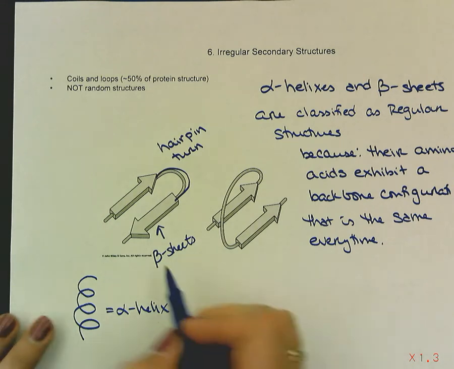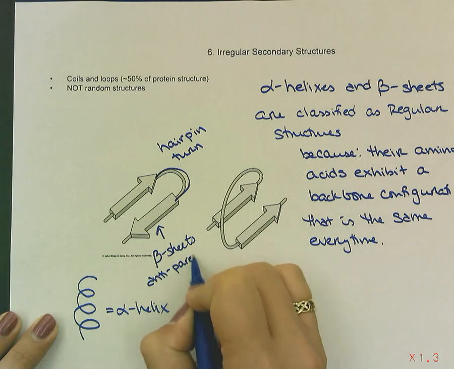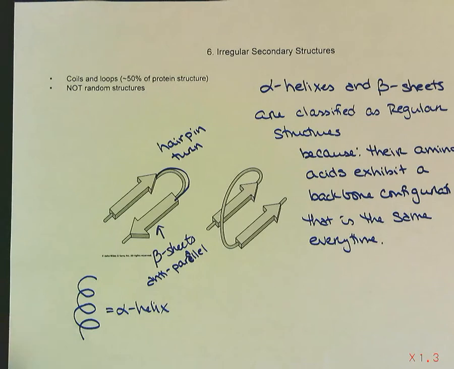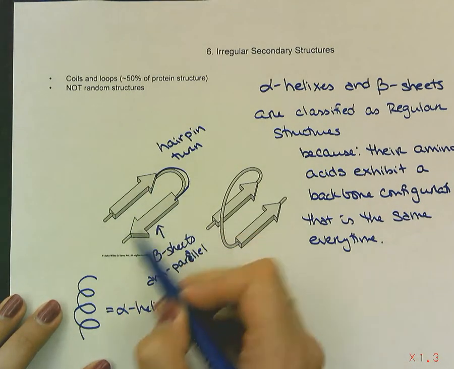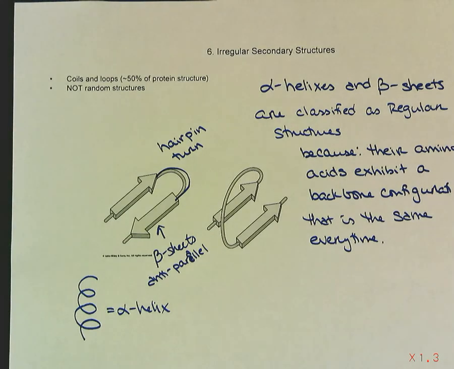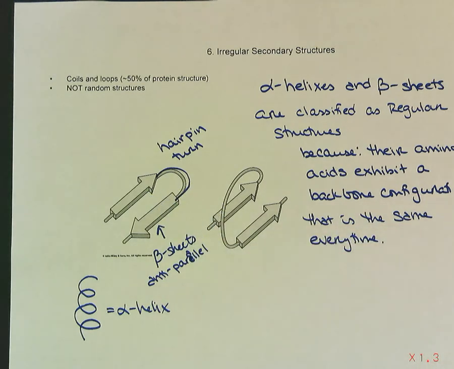So I have my two beta sheets, these happen to be anti-parallel, right, because one's going this way, one's going that way. They're lined up side by side, but you have to have some kind of linker between them. And so a hairpin turn is very common to link two beta sheets.